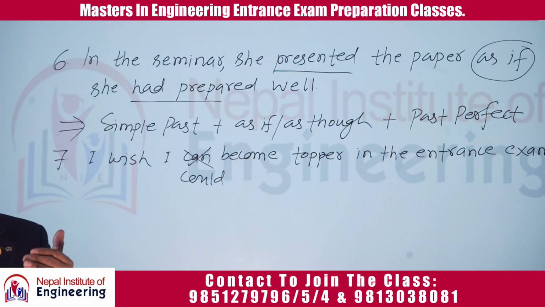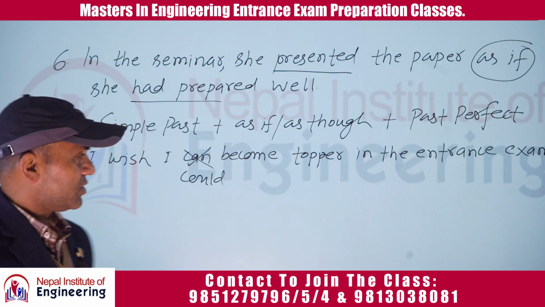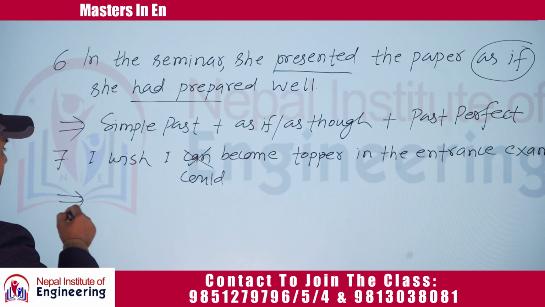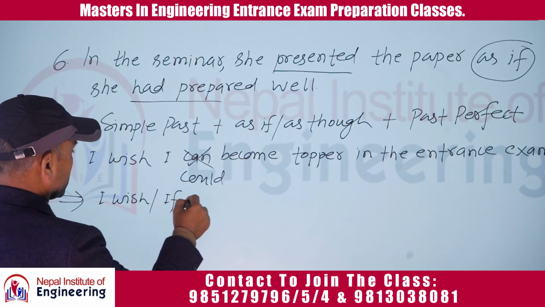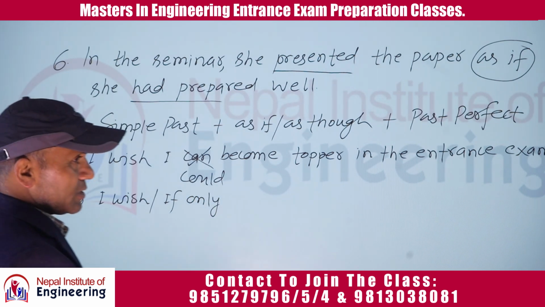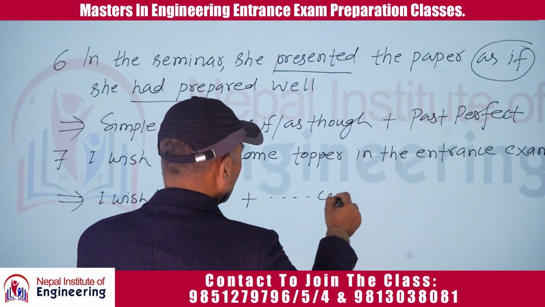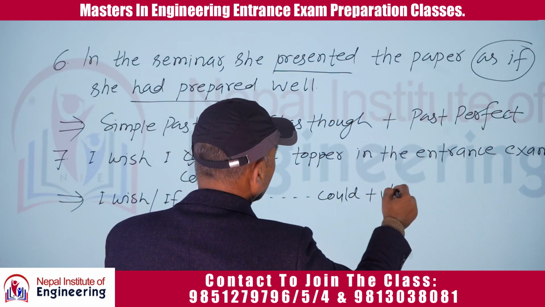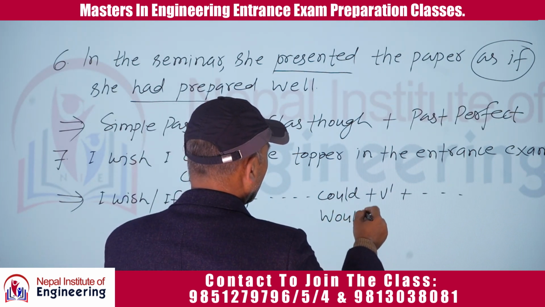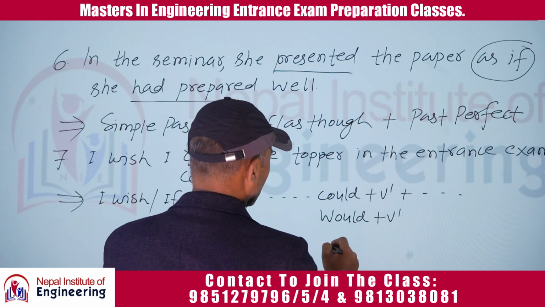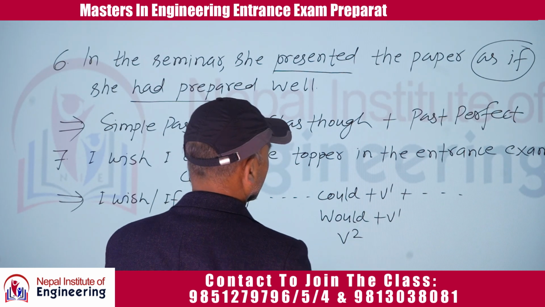If you have some present wish, you wish for something at present, then the structure is: I wish. In place of I wish, you can also use if only. After I wish or if only, we use would plus B1, or just B2.